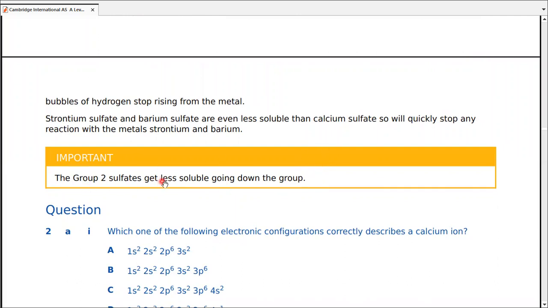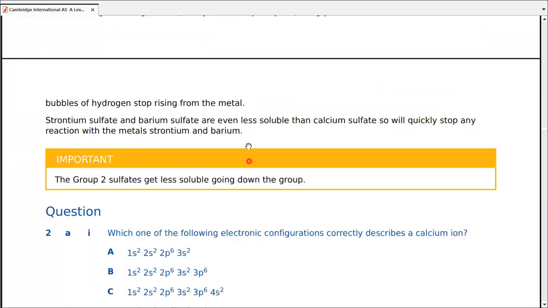So group 2 sulfates get less soluble going down the group. This is something that has been important. Among the important things in this whole portion, this has been used most in past papers. Also, the solubility of group 2 sulfates is something that you need to remember for AS as well as for A2.